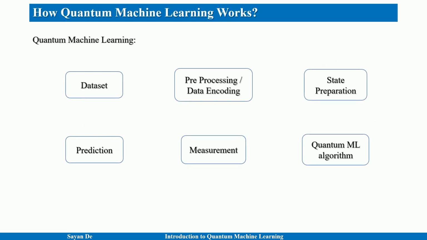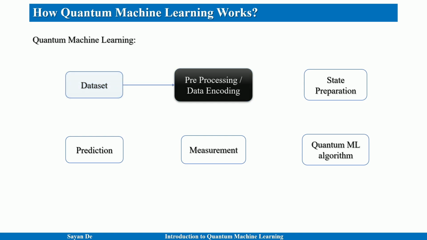Now let's talk about the working process of quantum machine learning. Here also we'll start by using some dataset. Obviously it will be some classical dataset, right? Because we don't have quantum data to store. And after that, the pre-processing here is basically the data encoding. Right now we have lots of data encoding processes. Based on the requirements, we select some data encoding method.